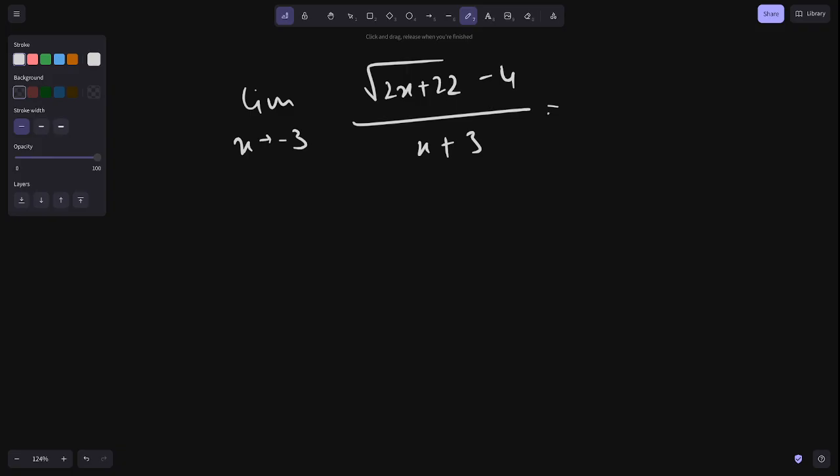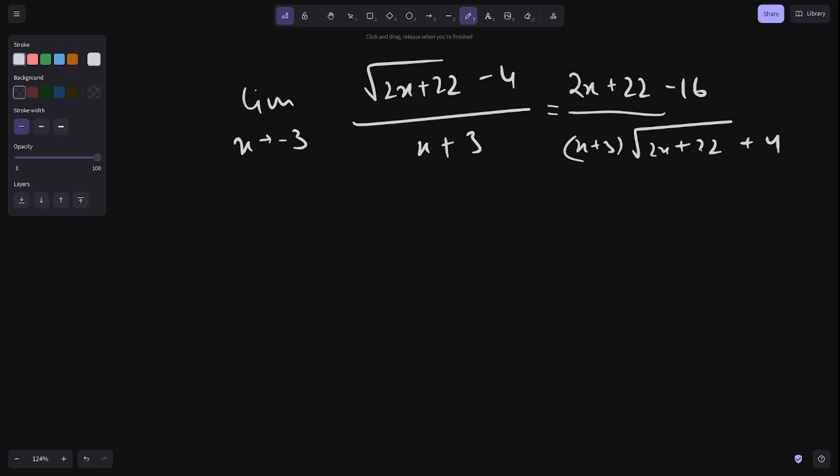So the best approach is to do the conjugate thing, right? x plus 3 into root over 2x plus 22 plus 4, and here it will be 2x plus 6, right?